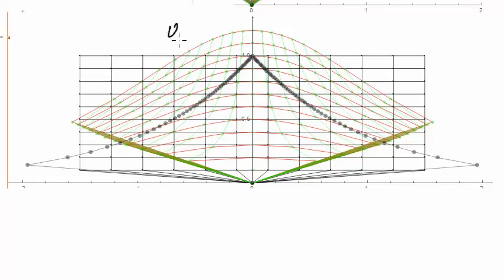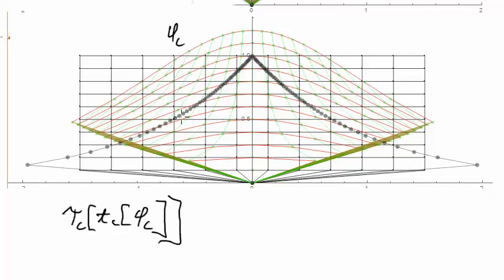So given the value of phi, any value of phi, we can call that phi sub c. We can calculate t sub c of phi sub c, and then from that we can calculate tau sub c from t sub c of phi sub c.